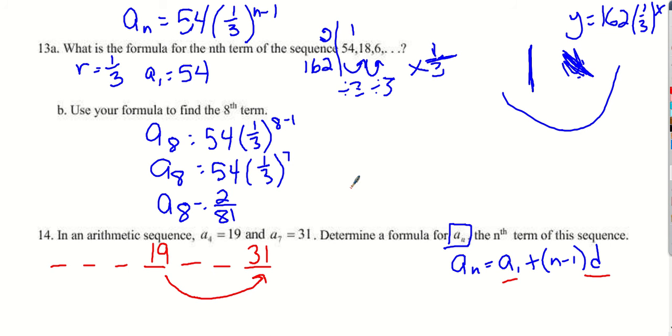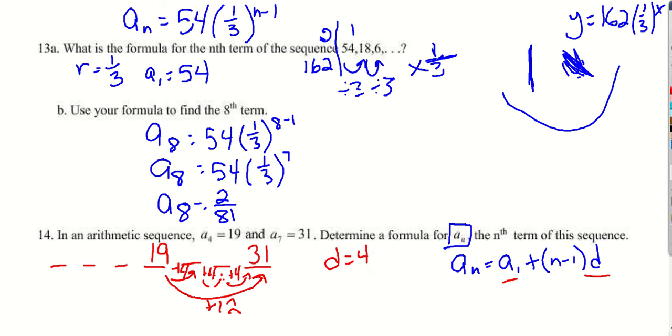And so I would now know that I'm adding 12 to get here. So that means I have to add 4. So I'm adding 4 plus 4 here. To get from there to there, I'm adding 4. And then to get from there to there, I'm adding 4. So I'm just doing 12 divided by 3 there. So now I know d.